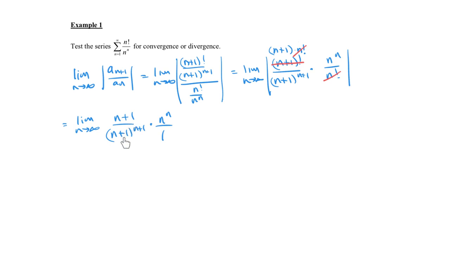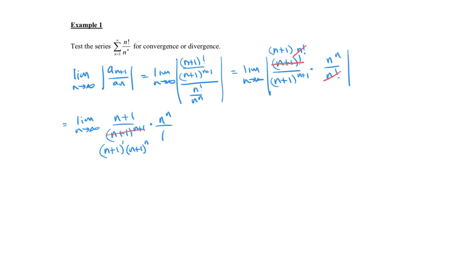But n plus 1 times n plus 1 to the n plus 1, couldn't I write n plus 1 raised to the n plus 1 as n plus 1 to the 1 times n plus 1 to the n?